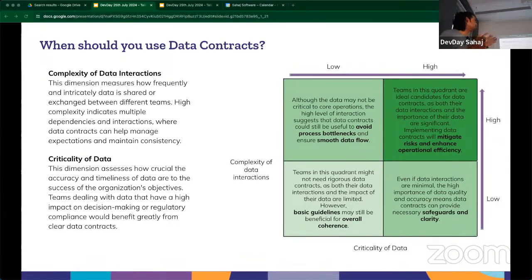And if you have a lot of complex interactions of data and a lot of critical data, then definitely start thinking about bringing on data contracts early and pushing everyone to drive towards thinking about contracts and building them early on.